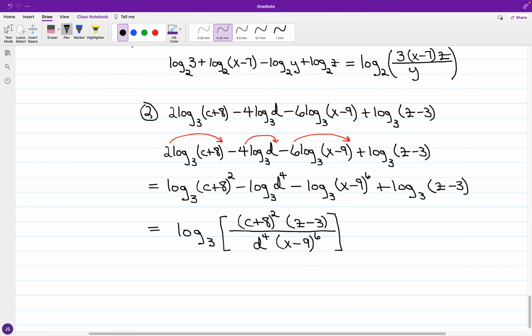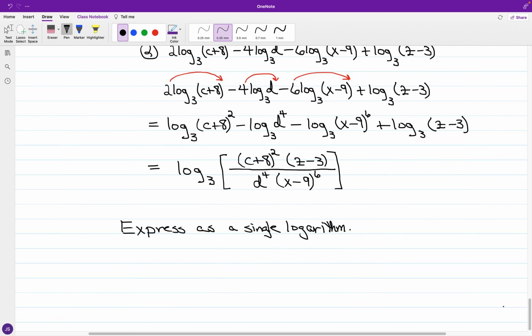And tell you what, if we're looking at expressing as a single logarithm, just a couple of exercises here.